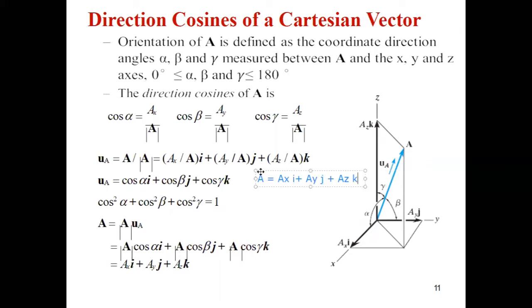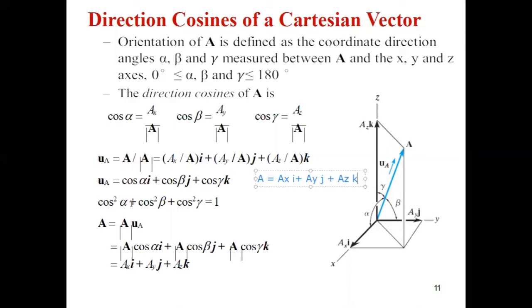So this is the vector A. So UA will be A divided by modulus A. Okay. I will show the value of modulus A in the next slides, never mind. So ax divided by modulus A, ay divided by modulus A, az divided by modulus A, direction i, j, k remains the same. Okay, so this is the unit vector.